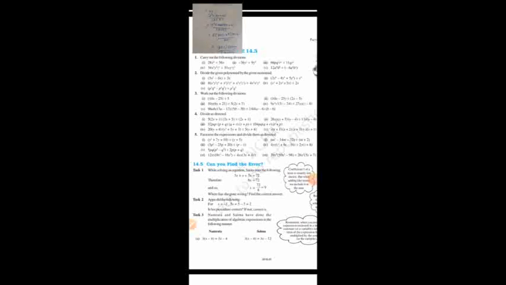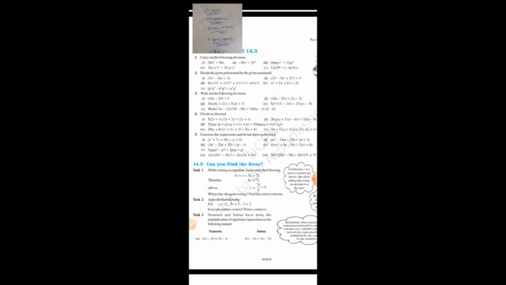Student, you can see here this is given first part, y square plus 7y plus 10 divided by y plus 5. So first we find the factorization of y square plus 7y plus 10. So you can write 7y as 2y plus 5y. So we obtain y square plus 2y plus 5y plus 10. So first we group it, y square plus 2y one group and 5y plus 10 other group.